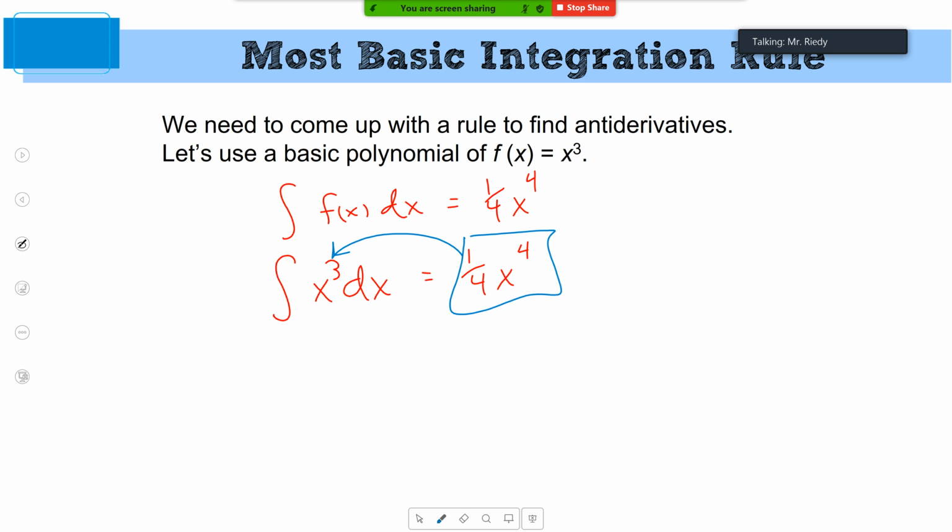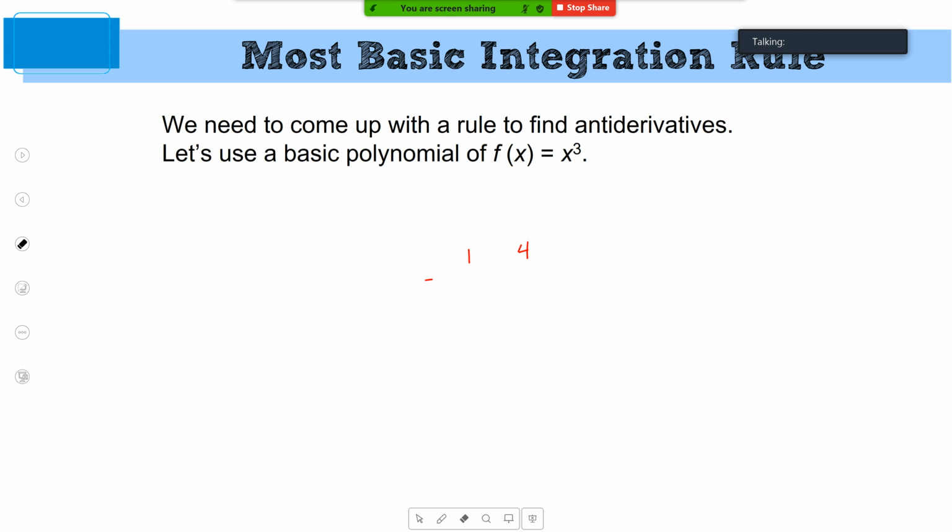Okay. In that case, I'd like to generalize this. What would be the rule to get that answer? In other words, what if I had x to the nth? What would the antiderivative of x to the nth be?